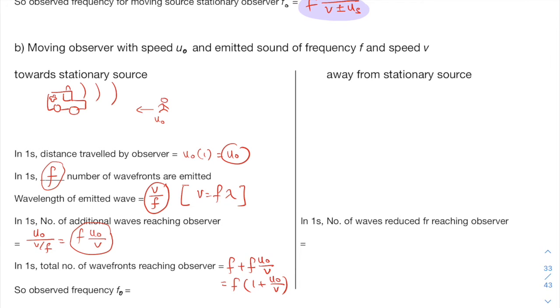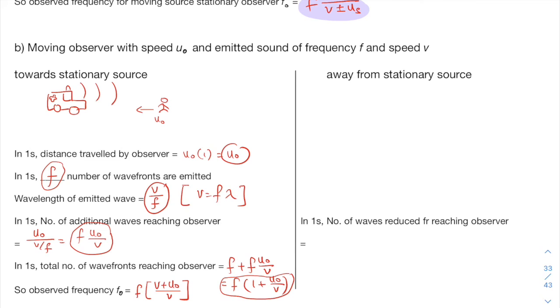And now, what is the observed frequency? Observed frequency f_o is essentially the number of wavefronts reaching the observer in 1 second, which is the same expression. Let me rearrange that a little bit and make it to a common denominator, v. So this is for the case of a moving observer towards a stationary source.